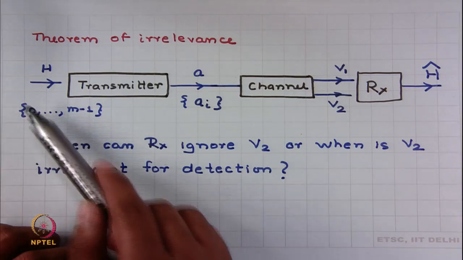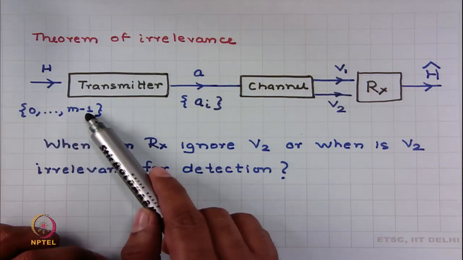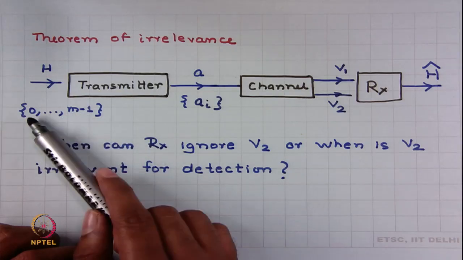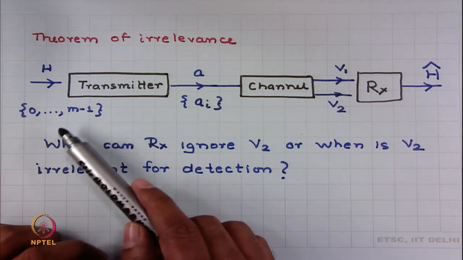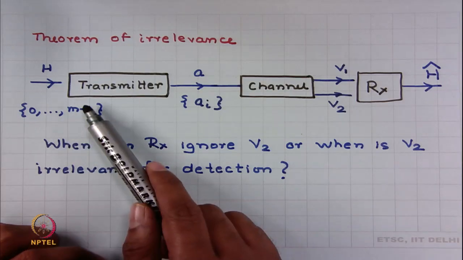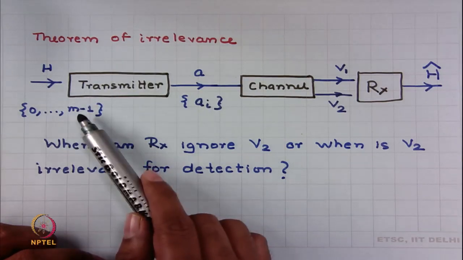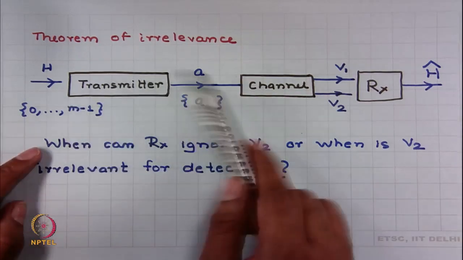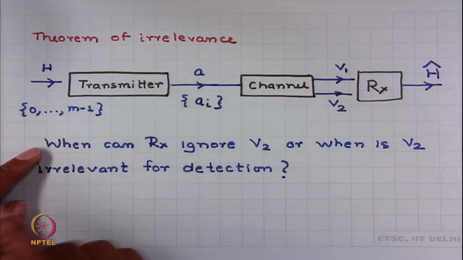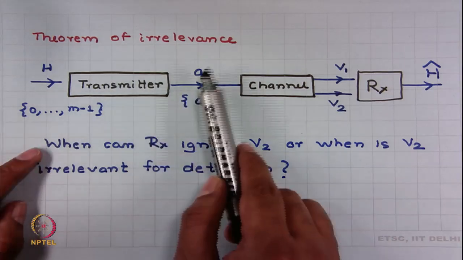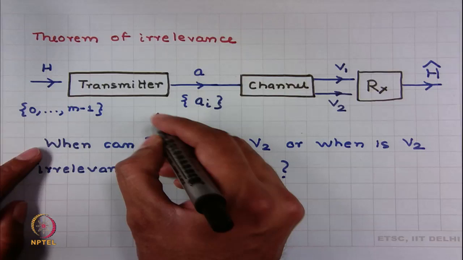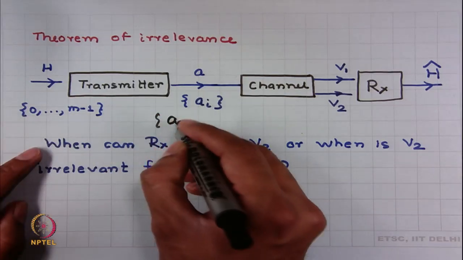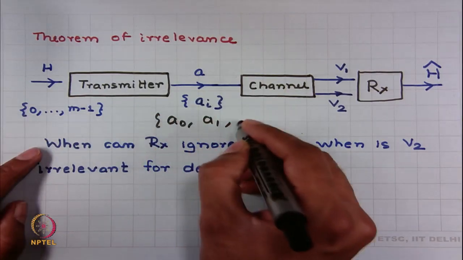Sometimes I choose the hypotheses to go from 0 to M minus 1, and sometimes I choose the hypotheses to go from 1 to M, but it does not matter conceptually. What simply matters is that I have M hypotheses, and corresponding to each hypothesis I am transmitting a signal, where the signal belongs to a set, like for example this set.